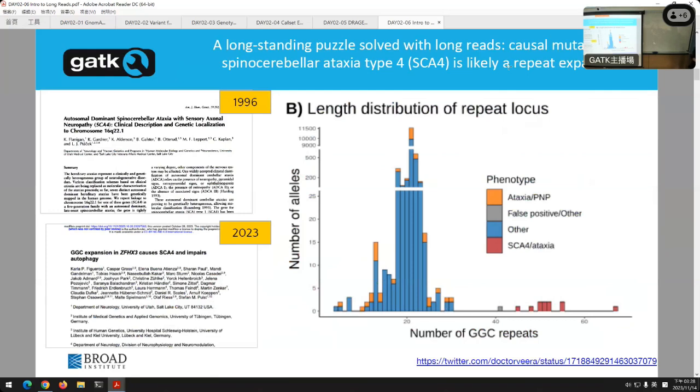chromosome 16. I think Erin was talking a little bit about short tandem repeats, or STRs, earlier, where a short sequence of DNA is repeated over and over.